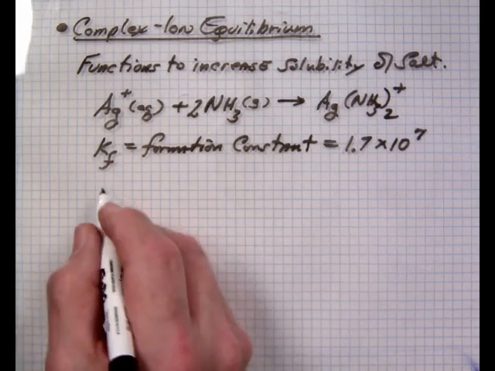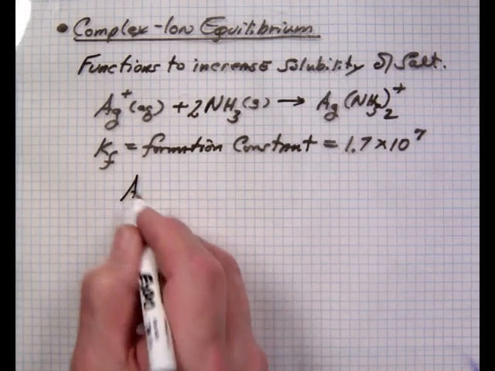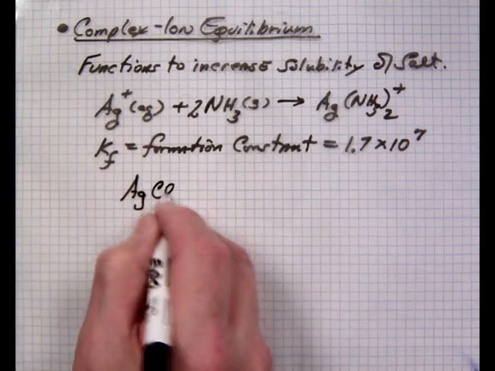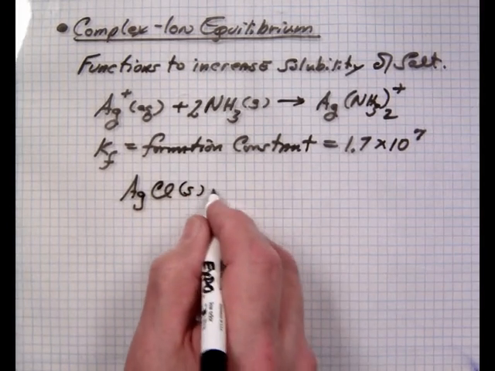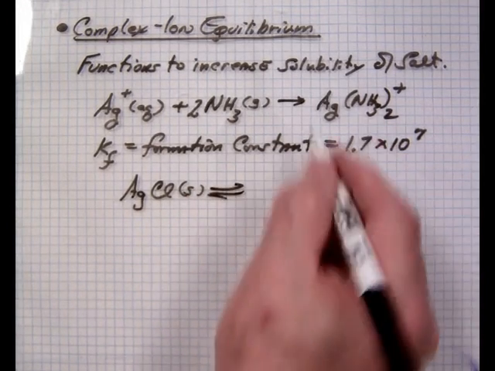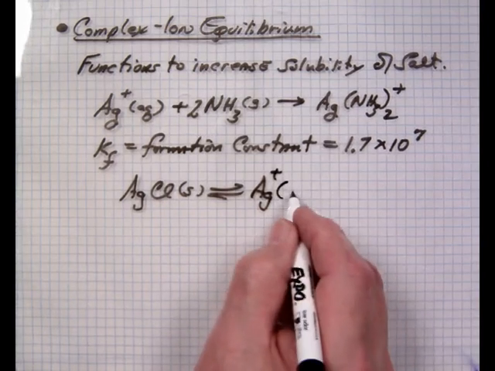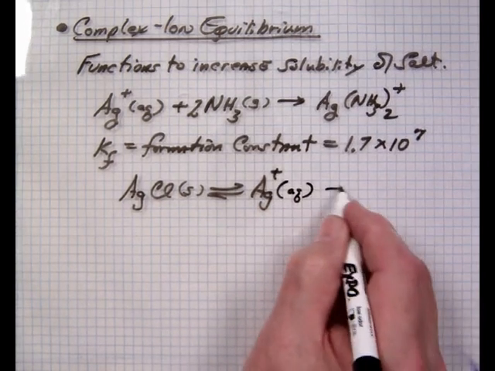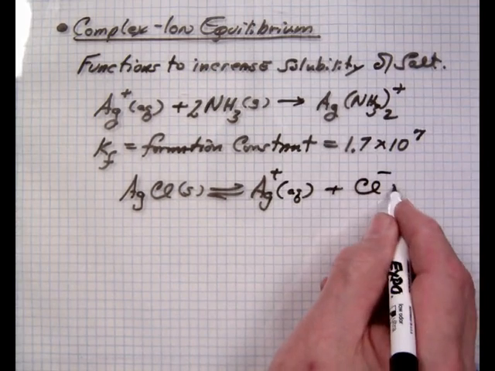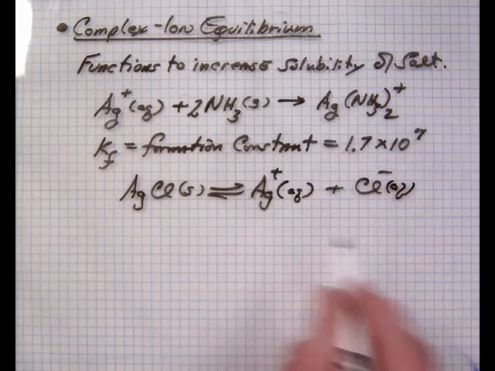So what is happening in the silver chloride before adding the ammonia is in equilibrium with silver ions and chloride ions, aqueous.